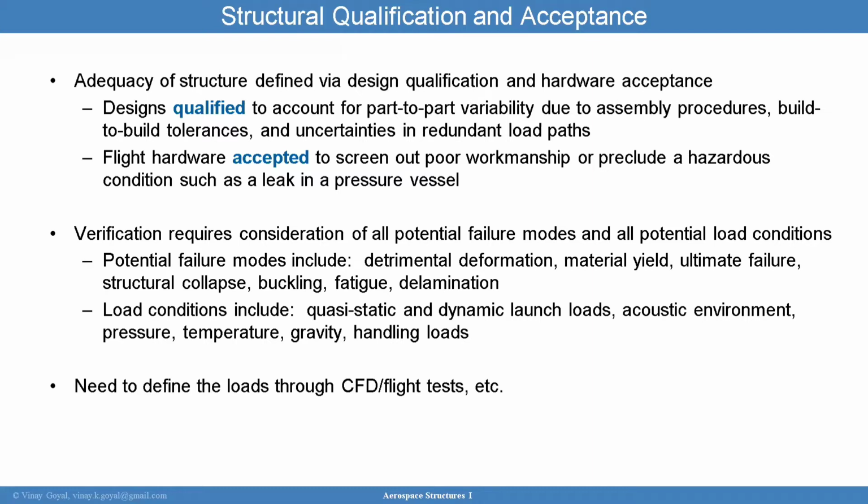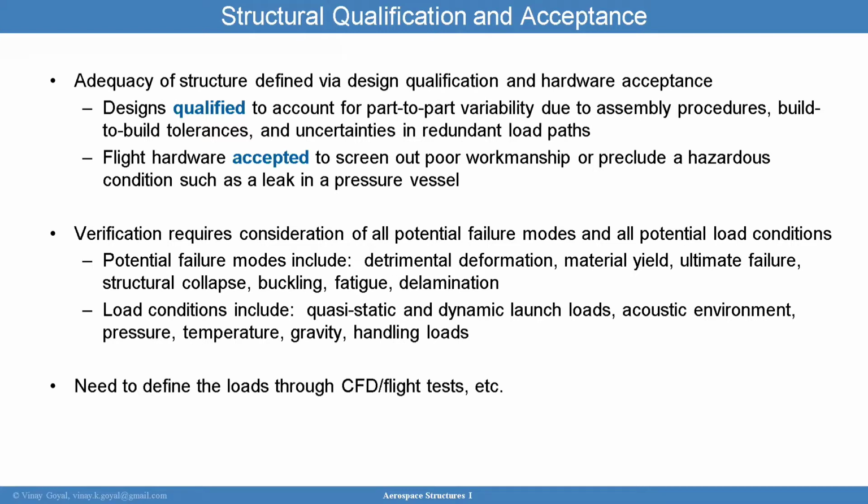So if I design a part like an interstage, that one interstage is going to have some variability compared to the next interstage that you fabricate, and so on. Not only because of material variances, but you're going to have tolerances. In addition to that, you're going to have some amount of redundancy in load paths, but you may have some amount of uncertainty in that.